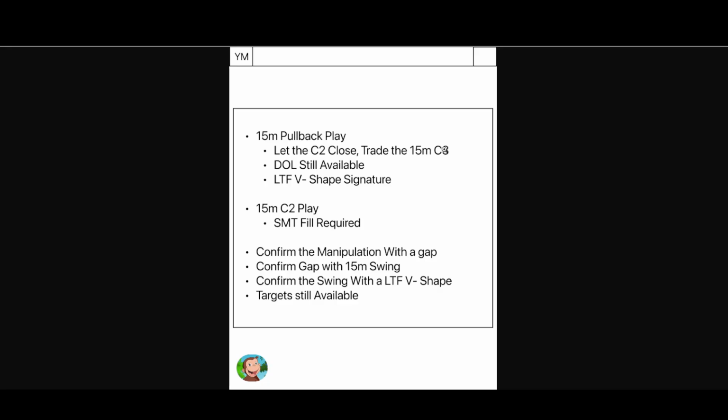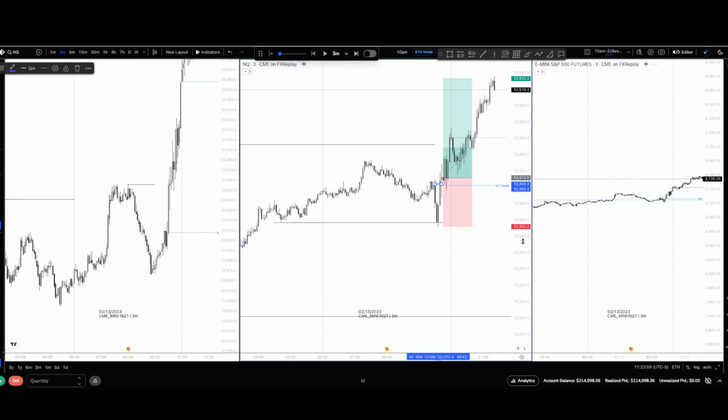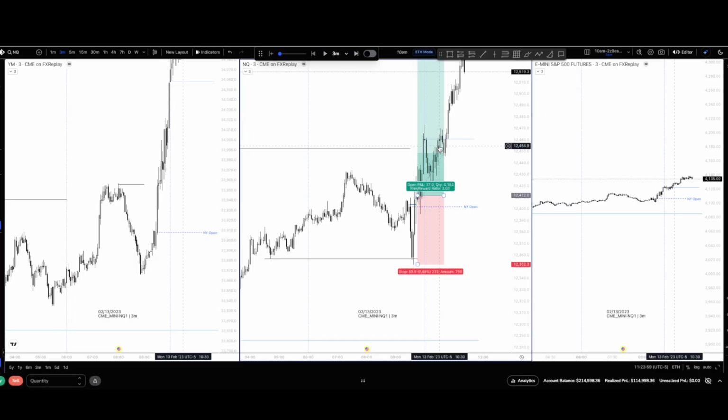We traded the 15-minute C3. Draw on liquidity was still available. We were trading the lagging asset. Lower time frame V-shaped signature was still in play. We confirmed the manipulation with the gaps. We confirmed the gap with the 15-minute swing. We confirmed the swing with the lower time frame V-shape, and the targets were still available for us to trade to. And that's all there is to it, right? So cool. Moving on to the next.